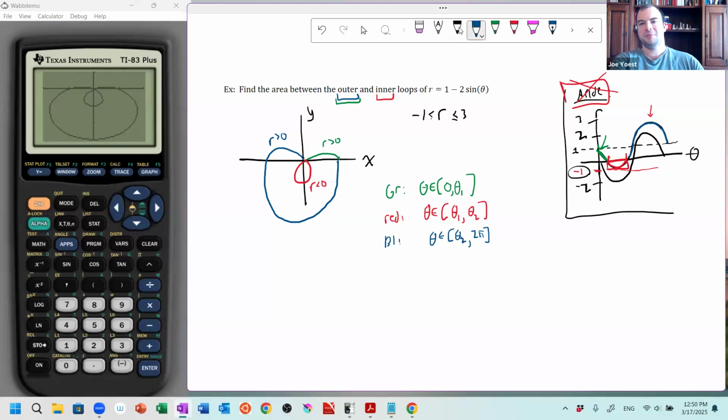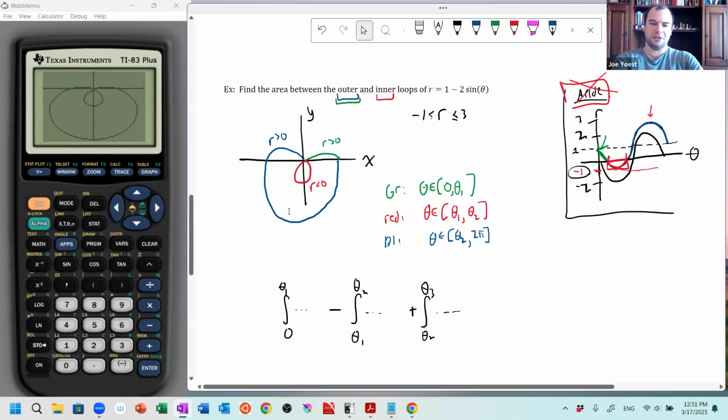And I see that I want to do something like the integral from 0 to theta 1 of some stuff, minus the integral from theta 1 to theta 2 of some stuff, plus the integral from theta 2 to theta 3 of some stuff.